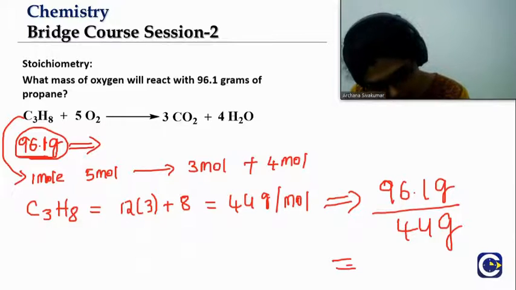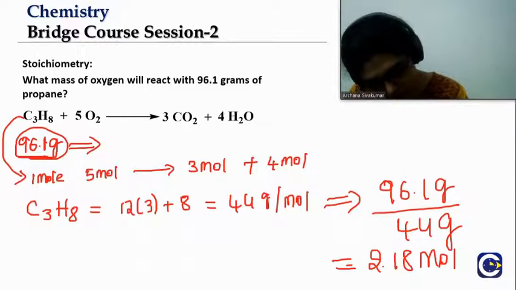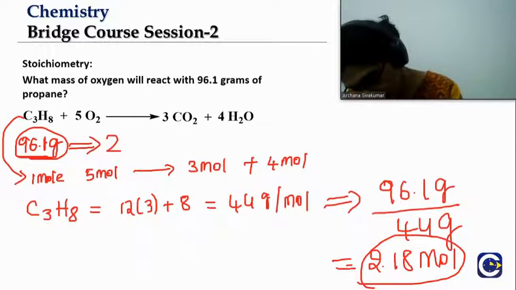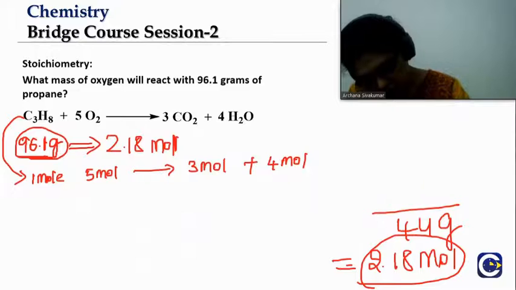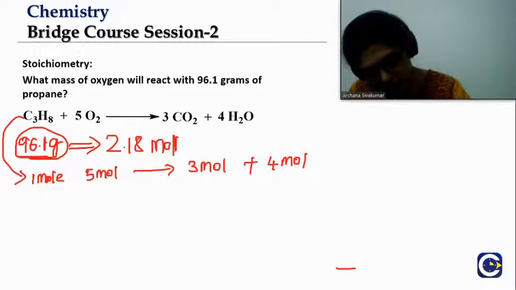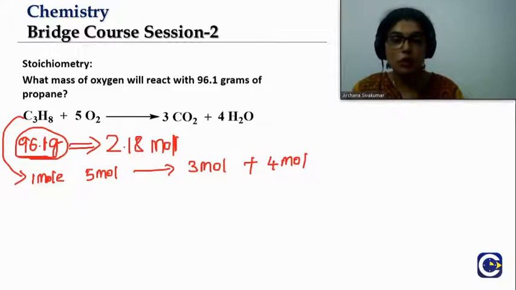You will get 2.18 mole. So 96.1 gram has 2.18 mole of propane, using the equation moles equals mass over molar mass.